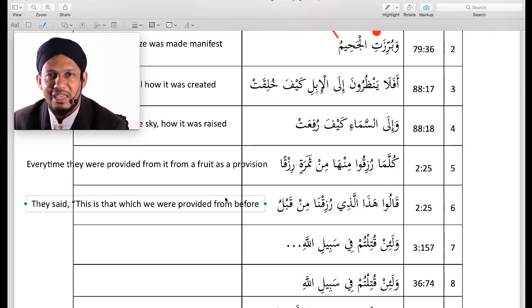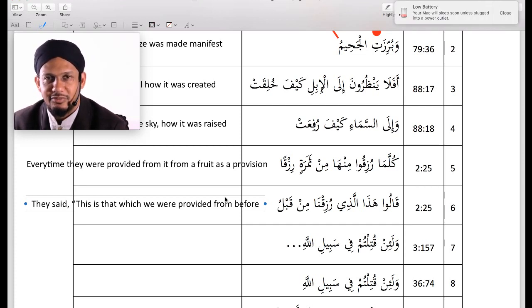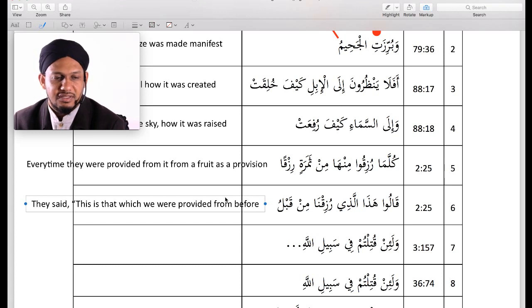So in other words, it will have the meaning of maf'ulun bihi, but in terms of hal, it will be raf'un, and it will be called na'ibul fa'il. It is a substitute for the fa'il, which is not there and can't be there because there is a majhul verb being used. So hopefully that makes sense.